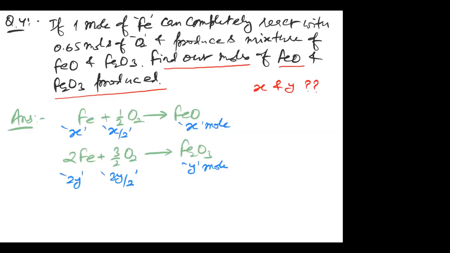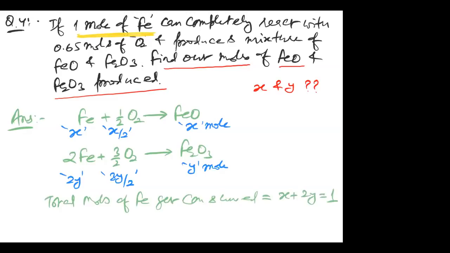Now, as per total moles of iron is concerned, total moles of Fe consumed should be nothing but X plus 2Y, and X plus 2Y should be equal to 1. As per question information, it is 1 mole of iron.